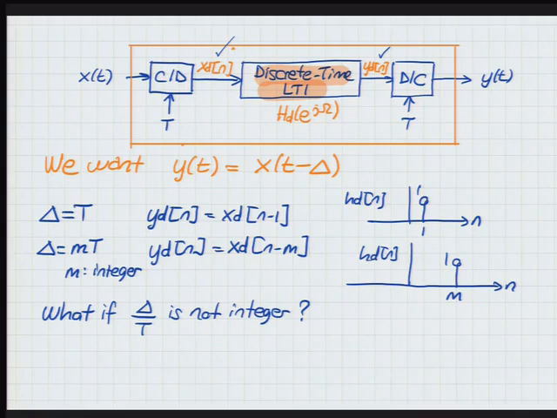So what is the ideal frequency response? So when I said I want y of t to be delayed by delta, what is the H of omega that I'm shooting for, ideally? E to the minus j omega delta, right?